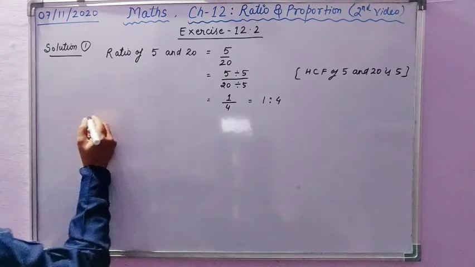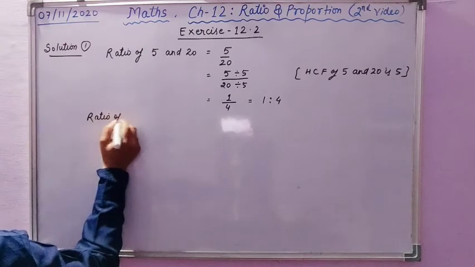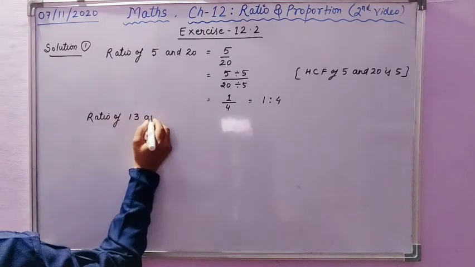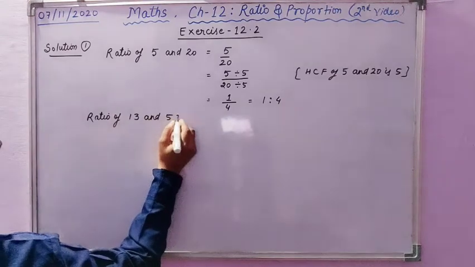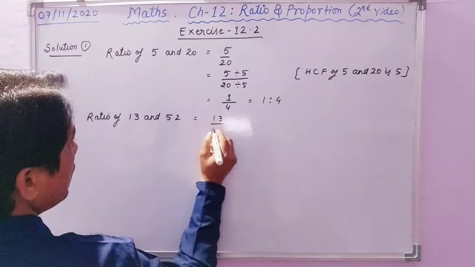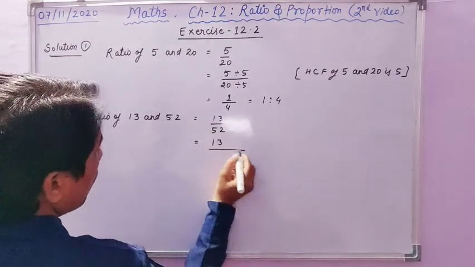Now I'll solve the ratio of 13 and 52. So 13 upon 52.